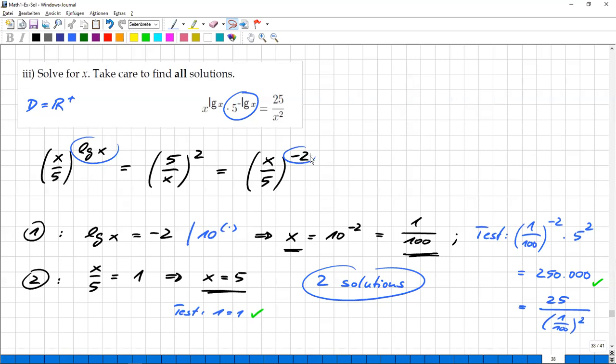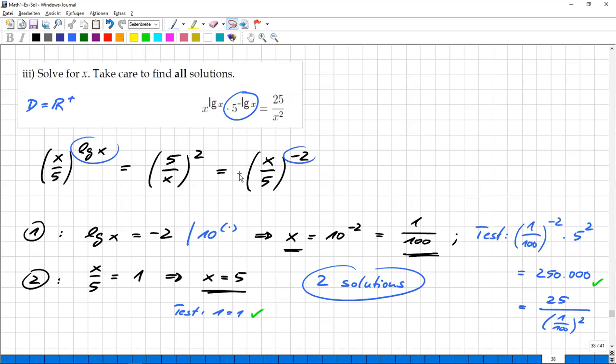So now there are two possibilities for this equation to hold. One possibility is to say the exponents should be the same. Since this exponent is dependent on x, if I choose the exponents to be equal, this has an influence on the base value, but the base value is the same anyway on both sides.